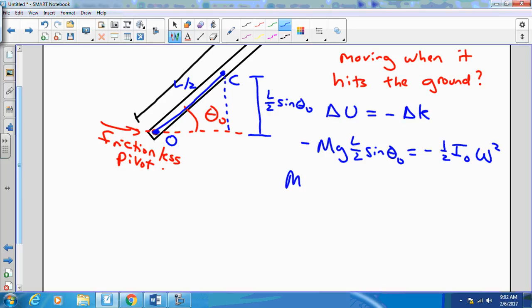So that I get mgL over 2 sine theta, multiply both sides by -1, equals 1/2 times 1/3 mL squared omega squared. And if we do a little bit of canceling in the factors, we have a factor of 1/2 that can cancel. We have a single factor of L that can cancel. We have a factor of m that can cancel.